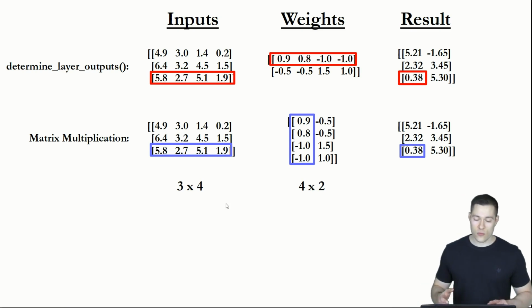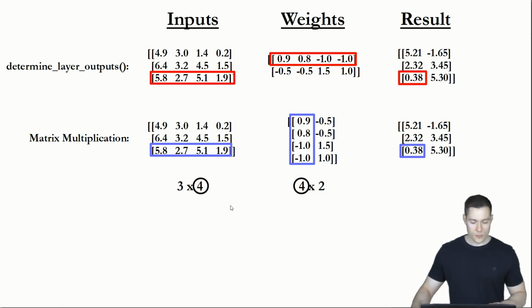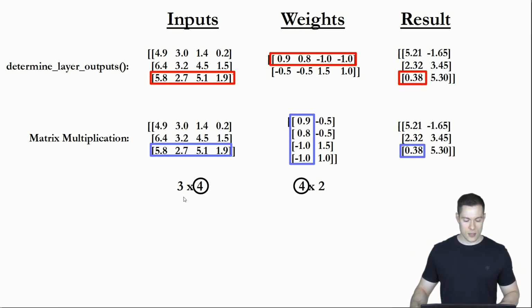And now to check if we can multiply this matrix with that, you simply look at those inner numbers, and if they are the same, then you can do the matrix multiplication. And the nice thing then also is that those 2 outer numbers here indicate the dimensions of this resulting matrix, because this has 4 rows and 2 columns.